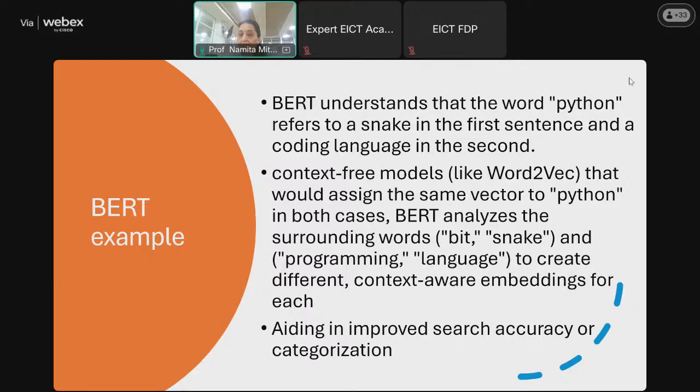So to aid improved search accuracy or categorization, the word embedding must be context aware. What if they have different embeddings depending on the context, so that it is easily understood in which context it has been talked about.